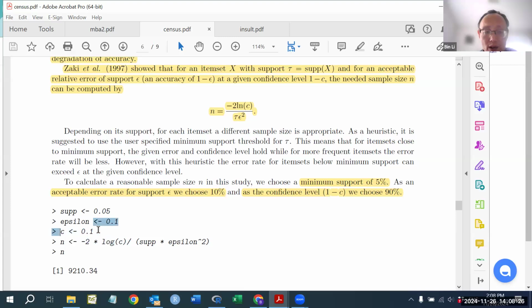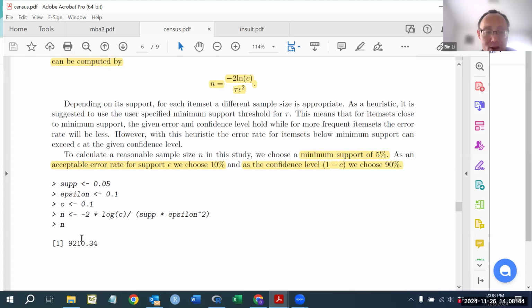The acceptable relative error rate is 0.1, that means 10%. And our support threshold is 0.05. So the tau is 0.05.